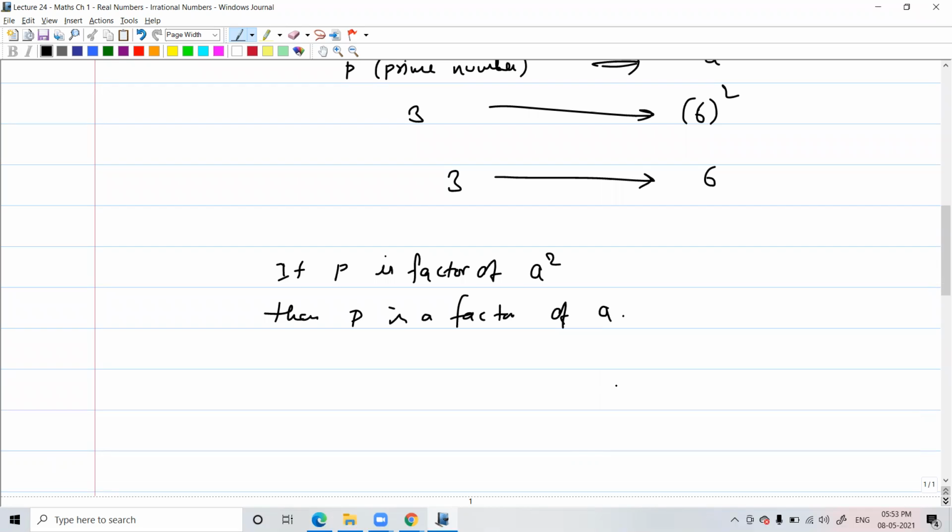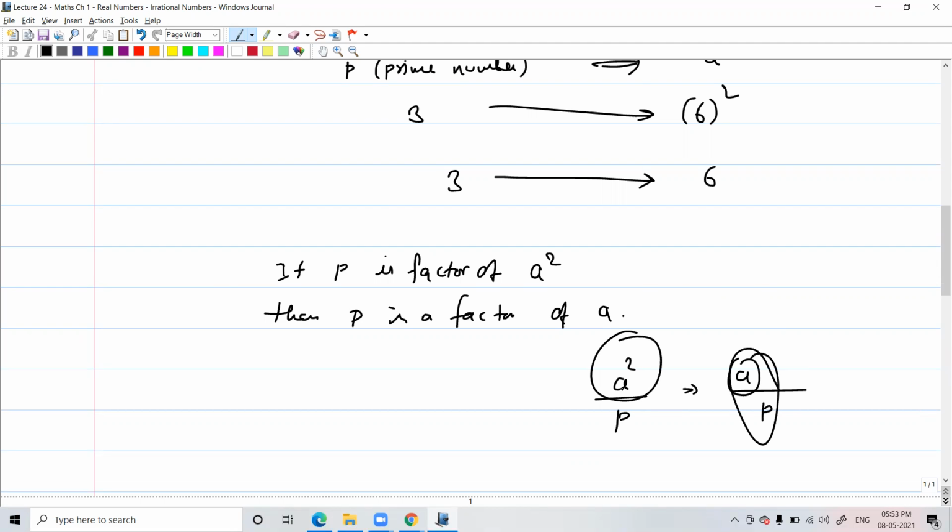Does it make sense? I'm saying that A square is completely divisible by P. Does it not mean that A into A is divisible by P? Both numbers are the same. So even if only one number is divisible by P, only then A square will be divisible by P, no?